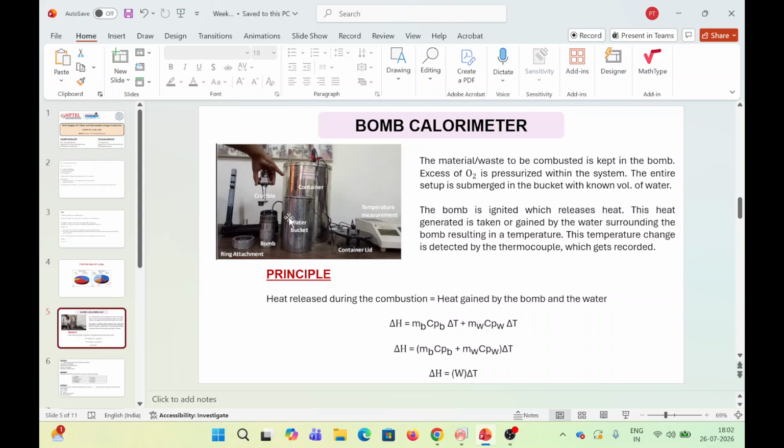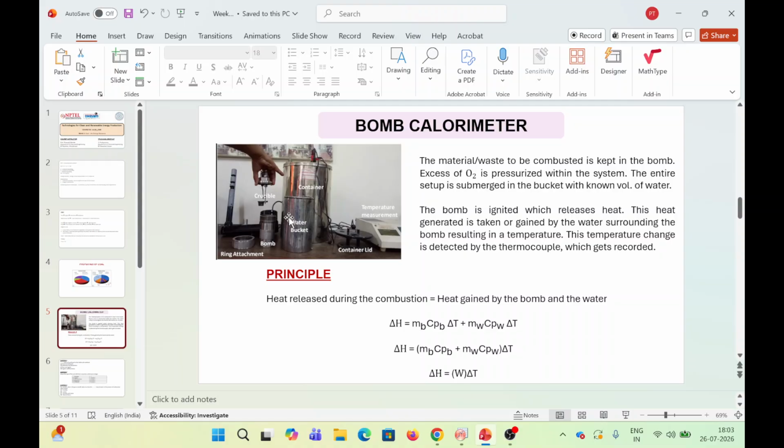Based on that, that's how the working principle goes. The heat that gets released during combustion is nothing but the heat gained by the bomb and the water. So the heat gained by the bomb as well as the water is the amount of energy released during the combustion.